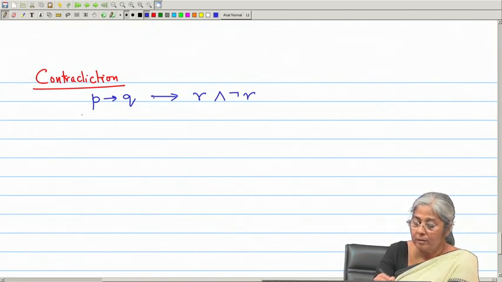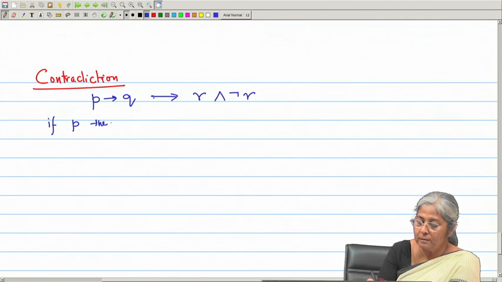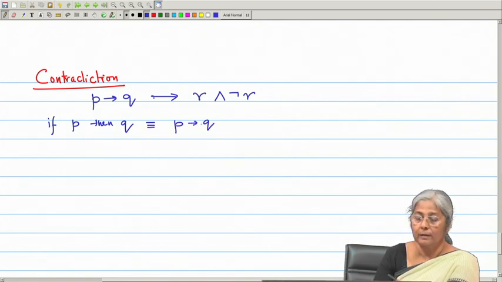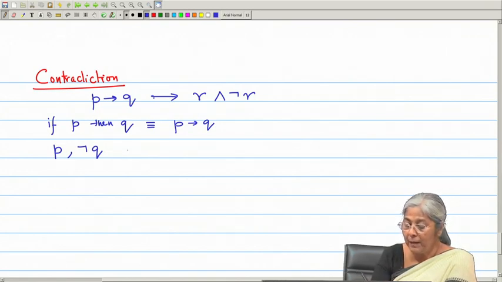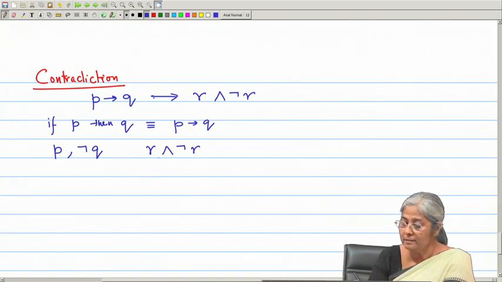Our theorem to be proved is P implies Q. Now, from there we take P true and negation Q, and if that implies a contradiction, that means some proposition R and negation R, then this is a contradiction.